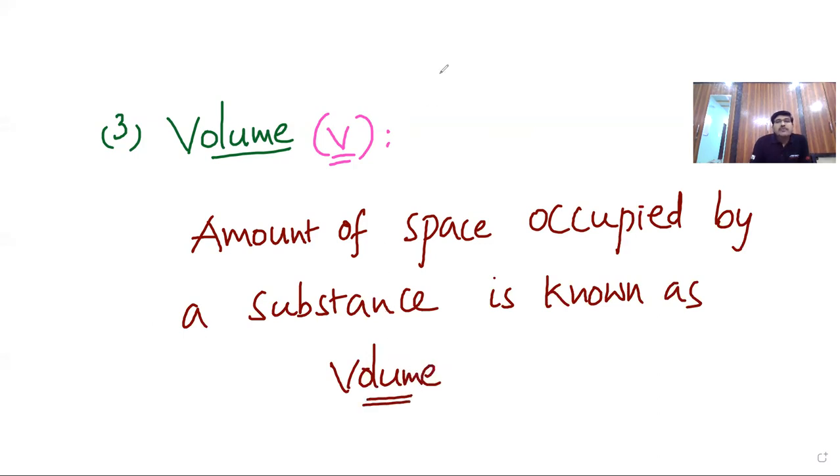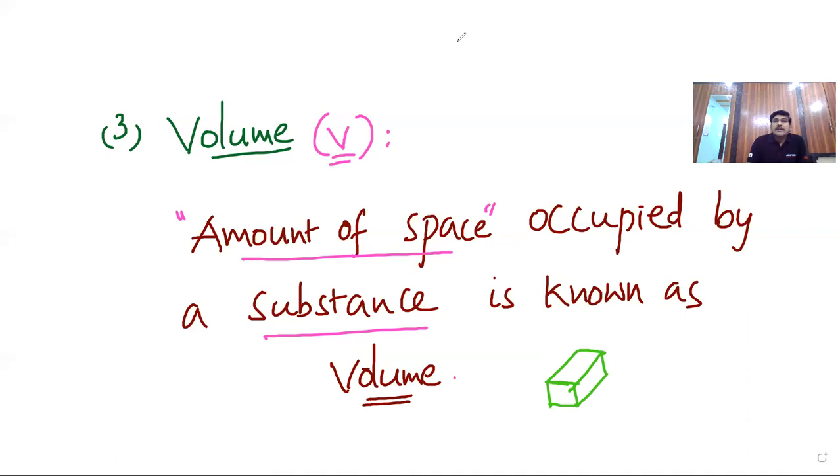How do you find out the volume? Suppose I need the volume of a rectangular piece. What do I do?